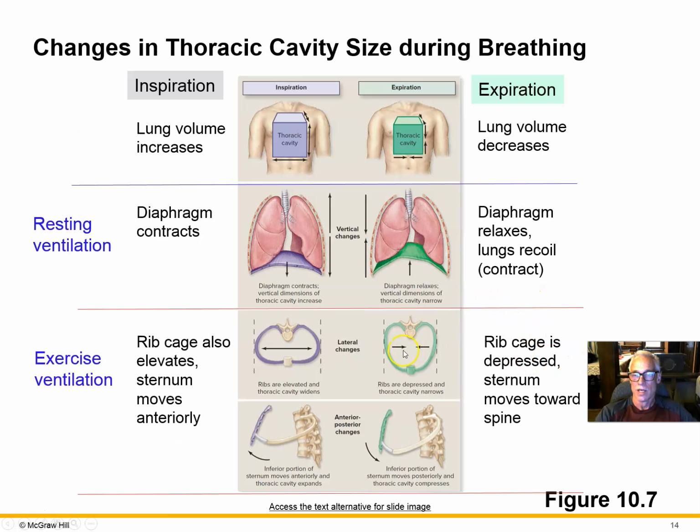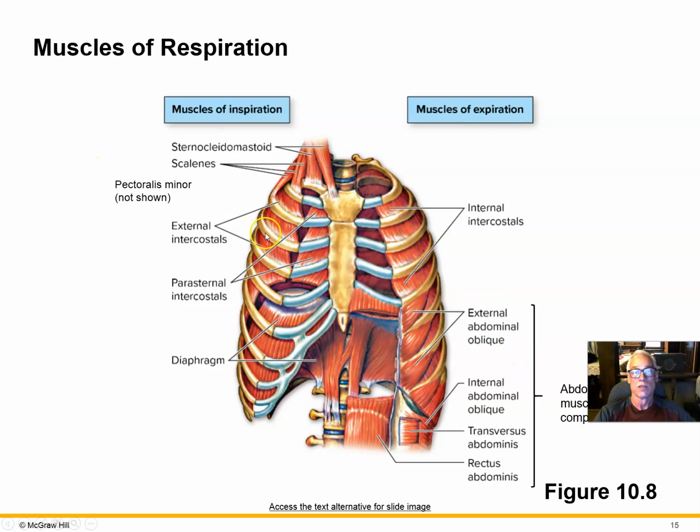So that's the ticket. So during exercise, we have extra muscles helping us expand the volume of the thorax, and extra muscles helping us to reduce the volume of the thorax. So here's just a cartoon showing some of the muscles. Inspiration, when you're exercising, we're going to contract the diaphragm, yes.